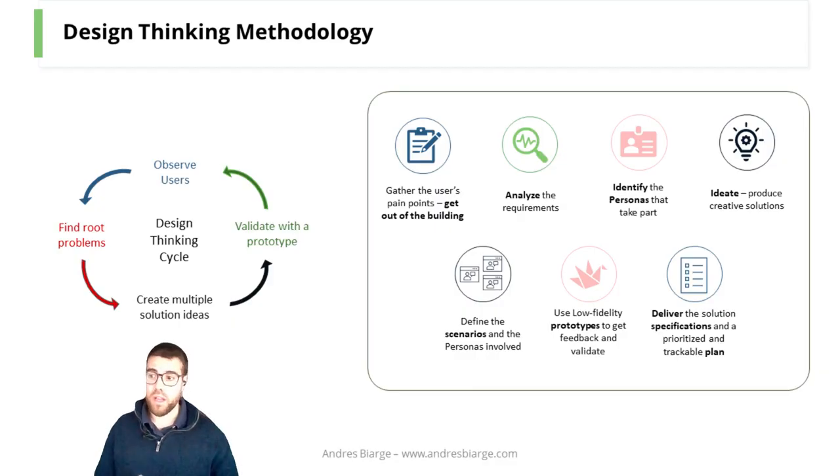Basically, you need a team of people with different perspectives that can understand the problem from different angles, and this is the most effective way to come up with valid ideas, which then you will need to put in boxes, in scenarios where you will define, okay, this part of the problem we solve like that, and here are the personas that are involved. Put different boxes there, and these are our scenarios that we use to define the problem and the solution, how we are addressing the problem for each of those.